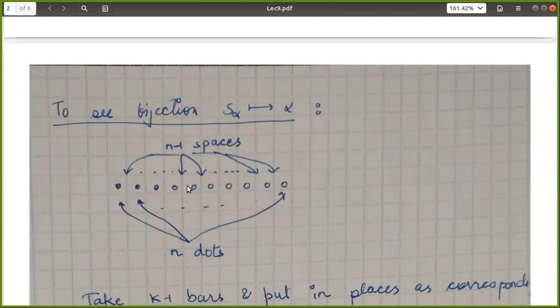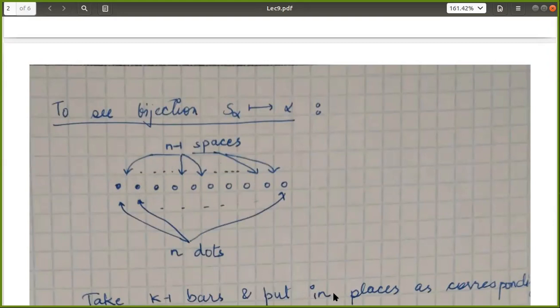So you take n balls or n dots, and whenever you put these n balls in a line, there are how many in-between spaces? n minus 1. So what you're actually saying is that to form any alpha, it really means I would put some bars somewhere, and those bars will make partitions, correct?